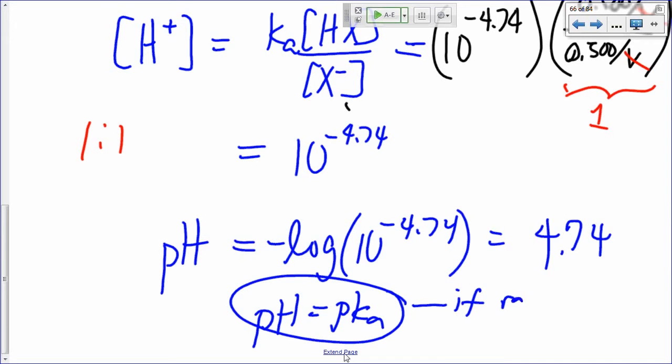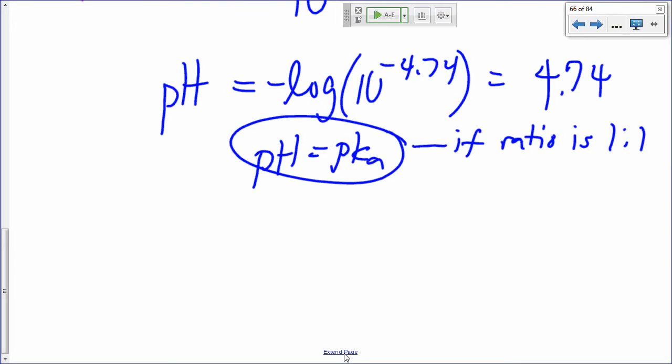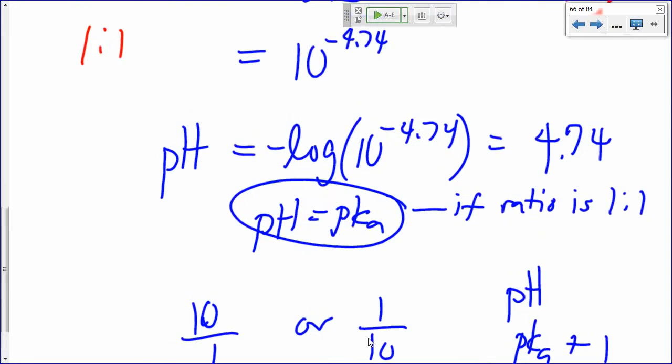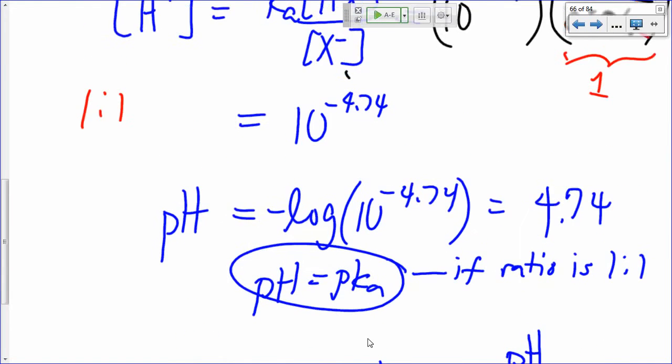And you'll find that if the ratio is 10:1 or 1:10, then your pH is going to be either pKa plus 1 or pKa minus 1. In other words, the useful range for a particular conjugate pair would be within 1 unit of its pKa. So that's what you'll find if you did that.